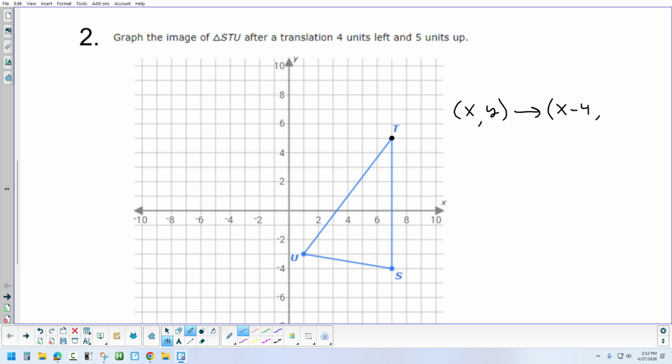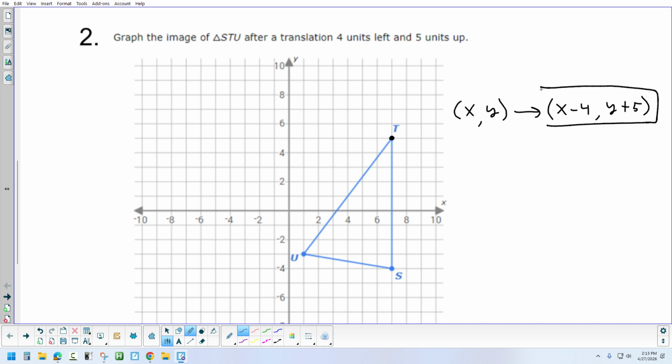And what's happening to the y values? They decrease? By how many? By 5. And what operation in math makes something increase? Addition. So all your y values are going to have 5 added to them.